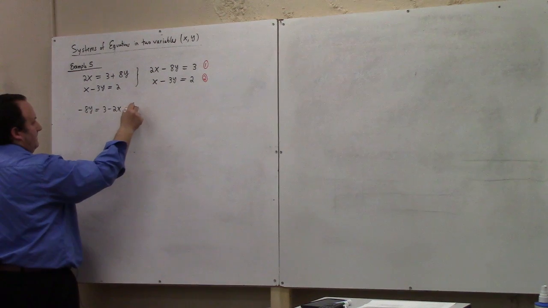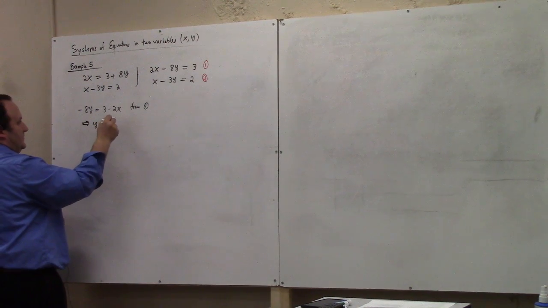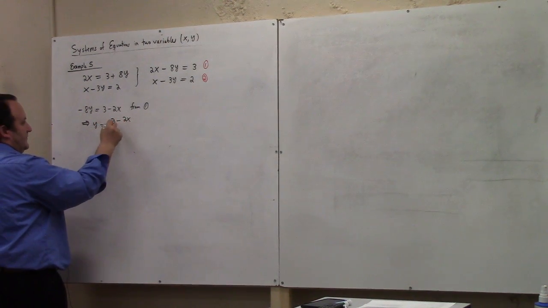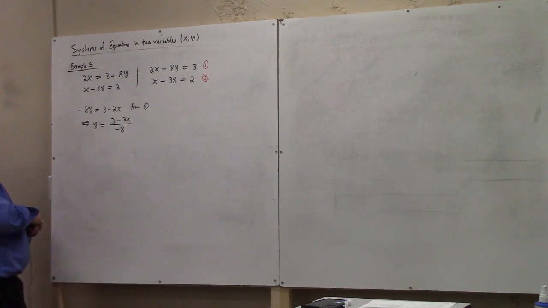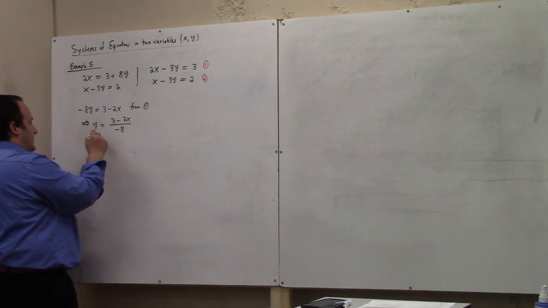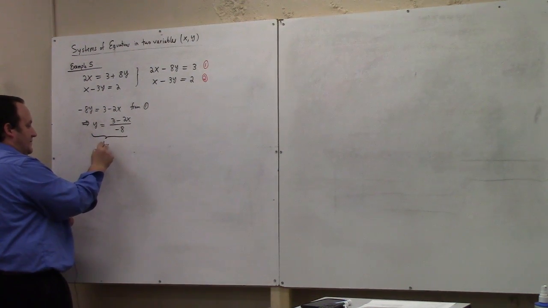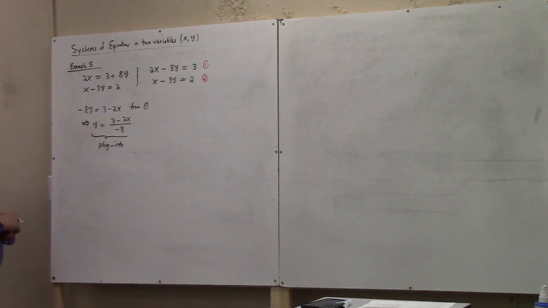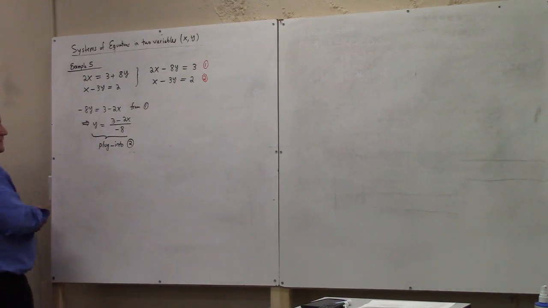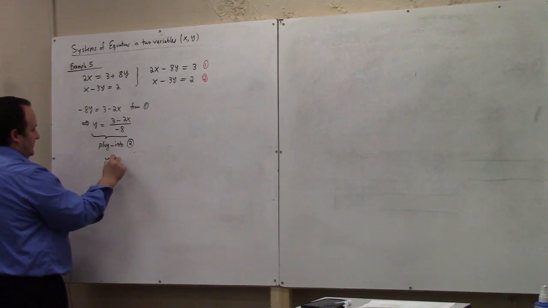That's from 1, right? So that tells me that y is equal to 3 minus 2x over minus 8. So what you're going with is substitution. We're going to take this and plug it into what? Plug into 2. That's right, because we just used 1. You got it. And so 2 gives me x minus 3 times that mess.